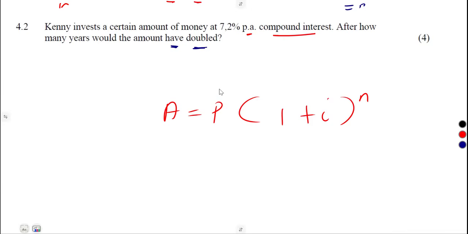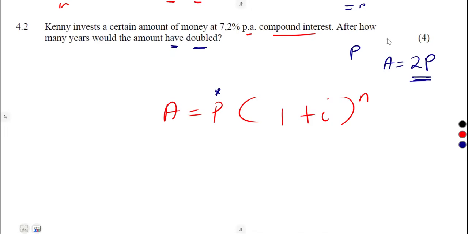The amount that was invested. Kenny invested P, principal. After how many years is that amount doubled? 2 times P. So our amount is 2P. That is what it means.